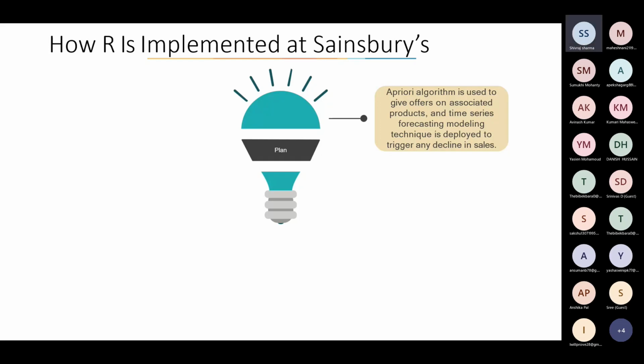If the sale is going down, then they do not wait for the moment when the analytical sheets or the sales sheets come in front of them at the end of the month. At that instant, our language, through its modeling and analytical system, gives an alert as well as implements some offer on the products that are going downward.